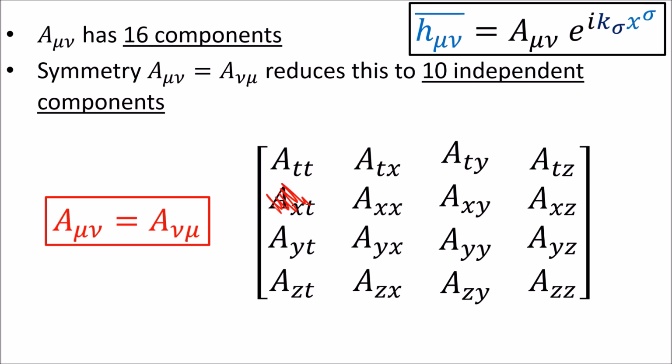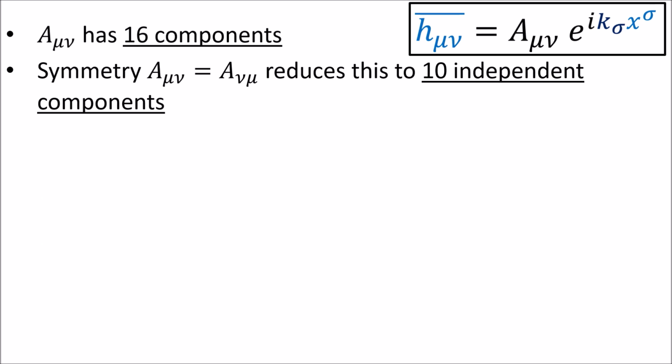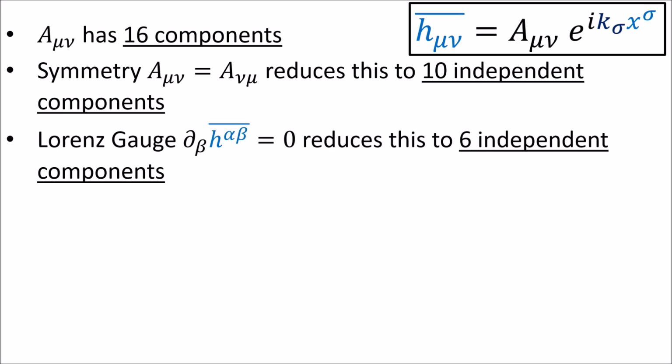This means that 6 of the 16 components are redundant, so there are really only 10 independent components. If we choose to look at plane waves in the Lorenz gauge, this will further reduce 10 to 6 independent components. If we're working in a Lorenz gauge coordinate system, this Lorenz gauge condition must be true.